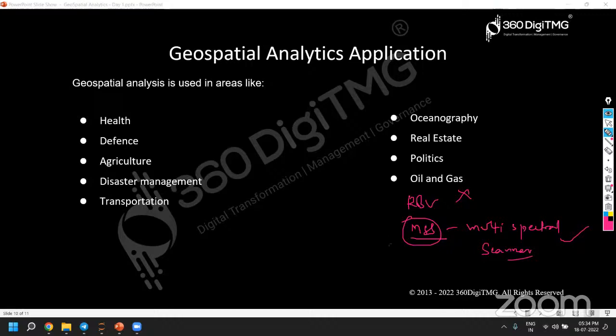Because some terrains are very flat, some terrains are not so flat, right? So if we have to use the geospatial aerial view data, then the system has to literally capture the different layers, different levels. One such concept was basically about identifying the burial grounds.